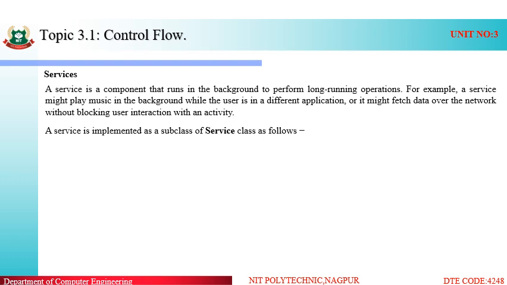So the music is going to play in the background while we are performing any other activity, or it might fetch data over the network without blocking the user interaction with an activity. The service is implemented as a subclass of the Service class. So the main classes are basically the activity class, service class, broadcast receiver and content provider.